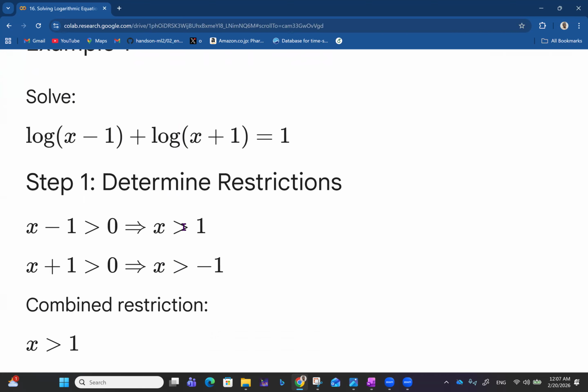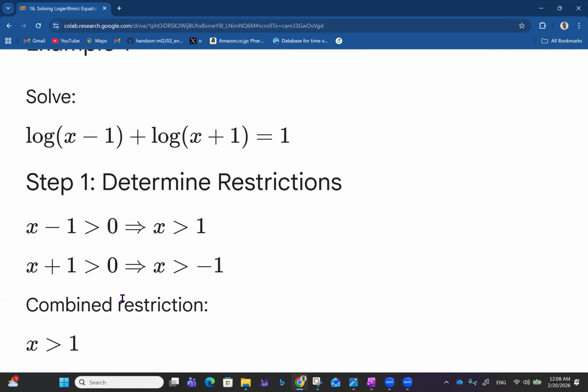If the signs were opposite, like x greater than 1 and x less than minus 1, there's no point even trying to solve because they don't agree, and you can't get any solution that satisfies the situation. But here, if x is greater than 1, it's automatically greater than minus 1. So the combined restriction will be x greater than 1.